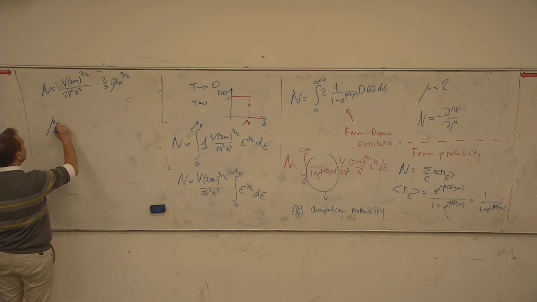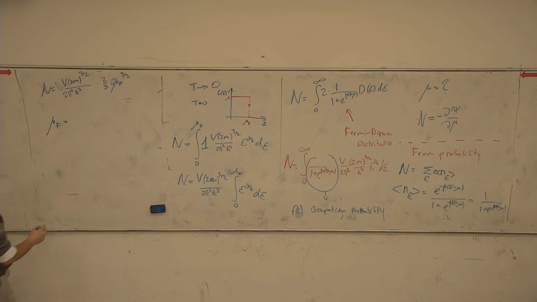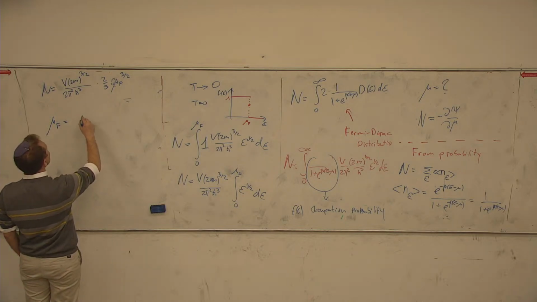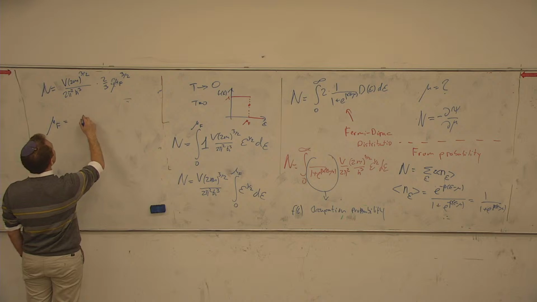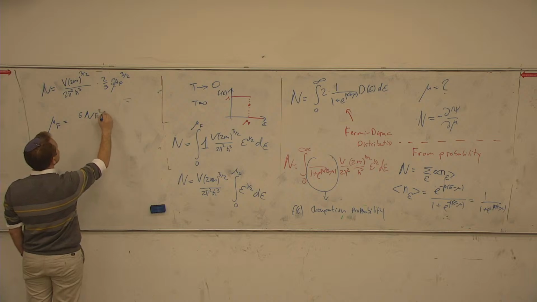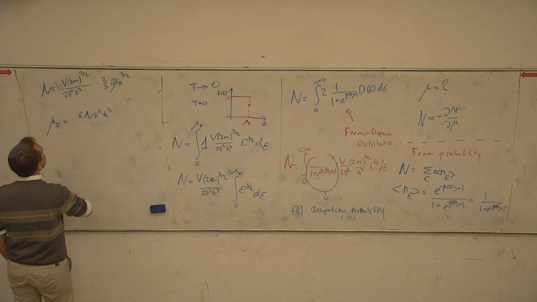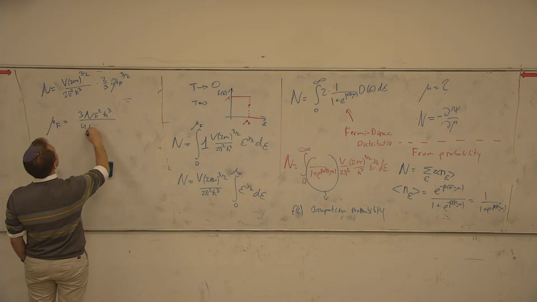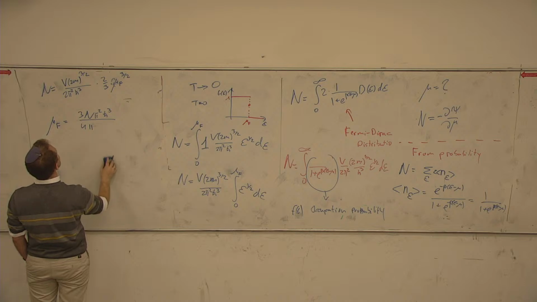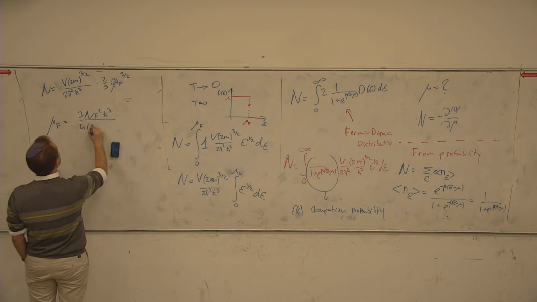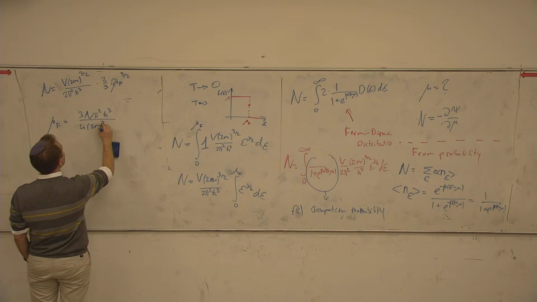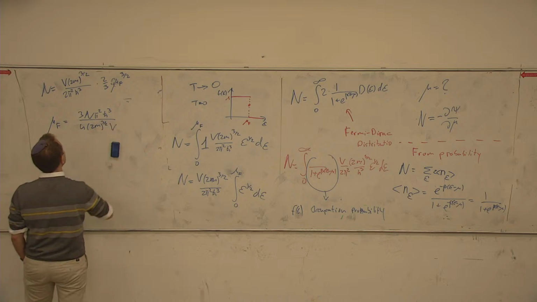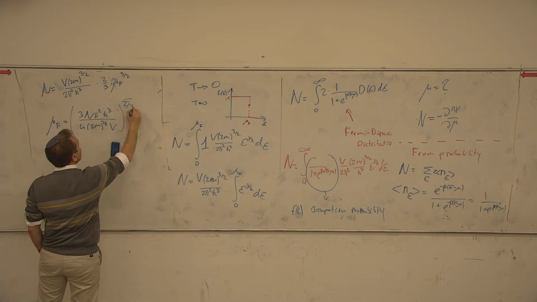So mu Fermi equals N multiplied by 3 pi squared h bar cubed, and here we have V (2m)^(3/2), all of this to the power 2/3.